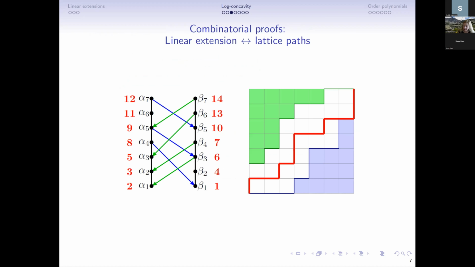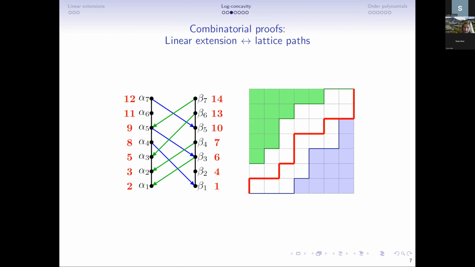So how do we prove these combinatorially? All these proofs so far, even June Huh's proofs, are not using any kind of explicit combinatorial bijections, injections, and things like that. So let me show you a few. Let's start with two-dimensional posets in this case, but this works in general. We have two chains in our poset, and here the red numbers are linear extensions.